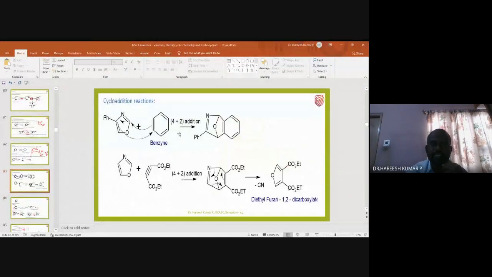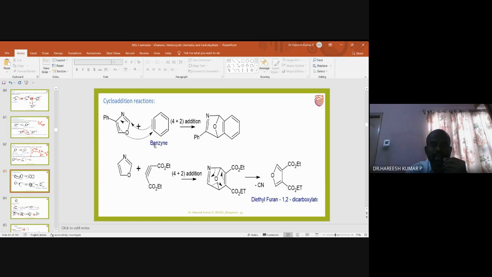Okay. So the next slide is about pericyclic reaction. I think you are aware of pericyclic. Here what is happening? A diene and dienophile reaction. So this will act as a diene. You can observe that here three bonds are there. This particular carbon, 3 bonds.